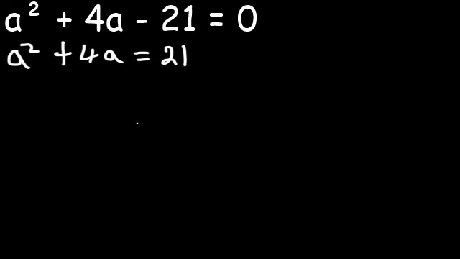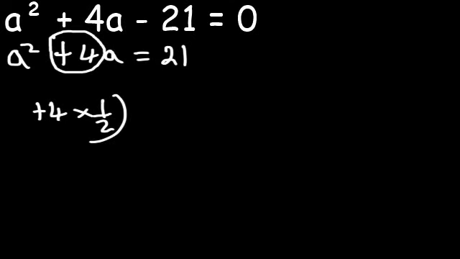Okay, now the next thing I like to do is to check, is the coefficient of a squared equal to 1? It turns out that it is 1. So therefore, I don't have to divide any value by anything. So the next thing is just to observe the coefficient of a. Then we should bring it out as plus 4 and multiply it by half and square our result.